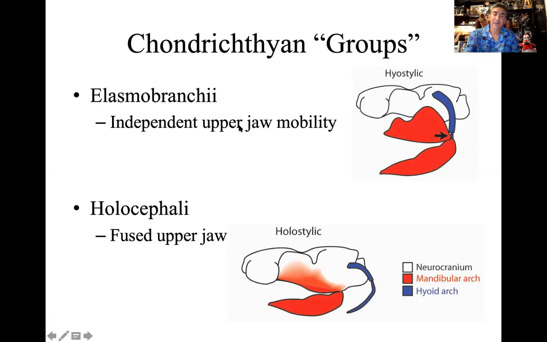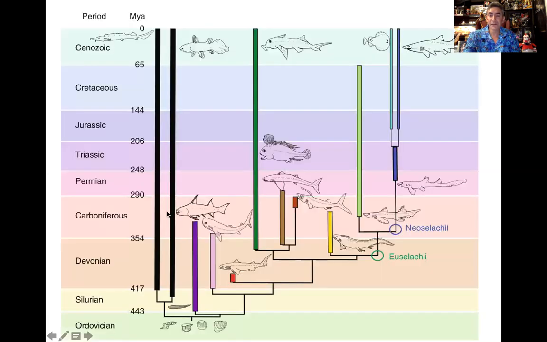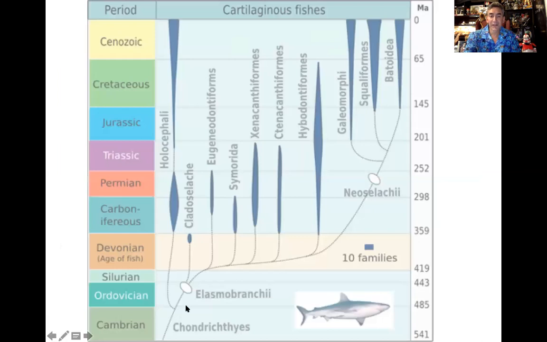We're going to break this into two big groups, which you saw, the Elasmobranchii and the Holocephali. So coming back here, the Elasmobranchii and the Holocephali. So these are two very early separations in the history of sharks and cartilaginous fish here.